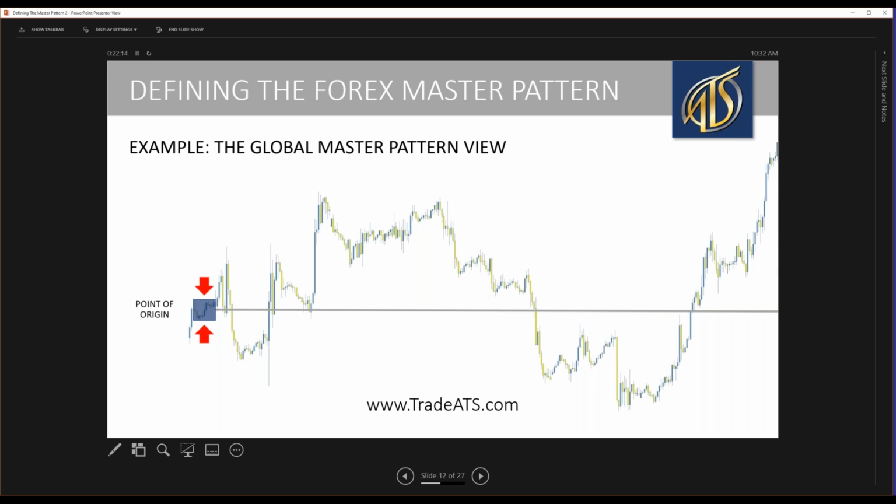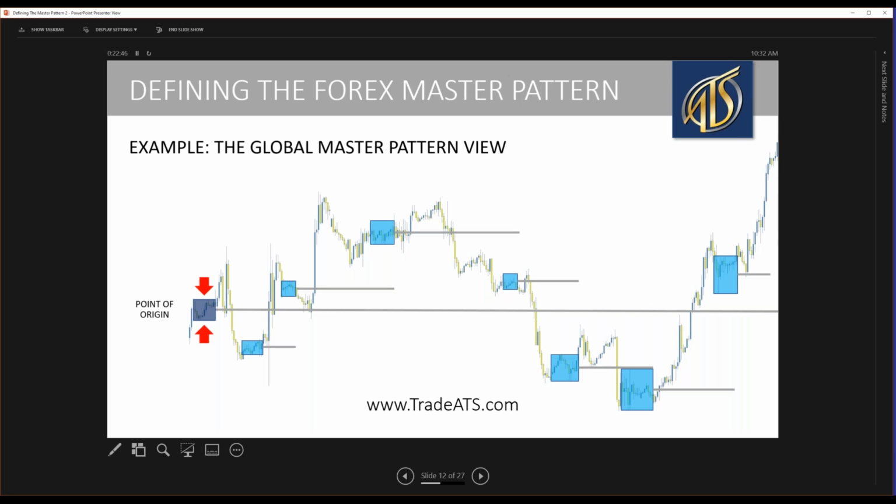Inside this master global view, how many other cycles are within that? You guys see it? So if we can define one point that's a significant level, then there kind of becomes a dance and a tango between all these other points within that.